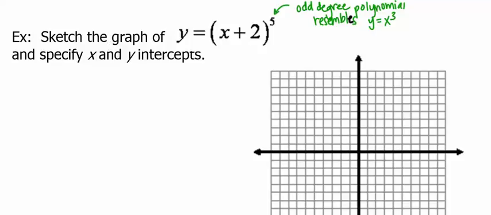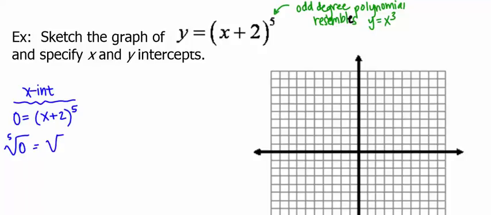Our x-intercept is the value of x when y is 0. So we put a 0 in for y, and we solve. I've got 0 equals x plus 2 to the 5th power. I'm going to take the 5th root of both sides to undo that exponent. The 5th root of 0 is 0.